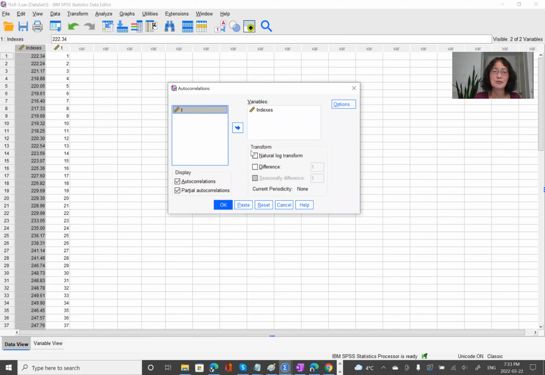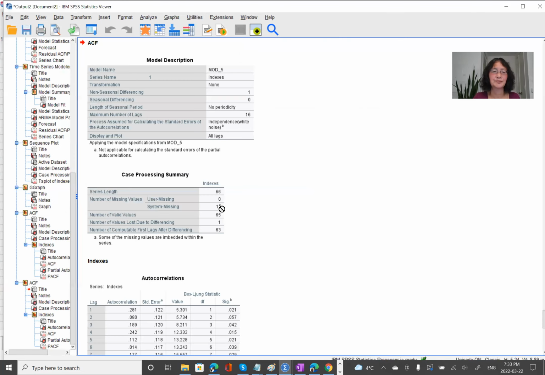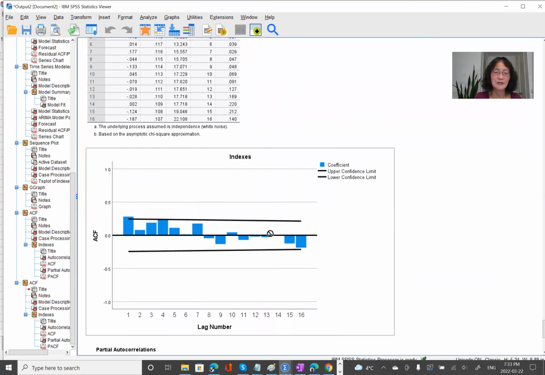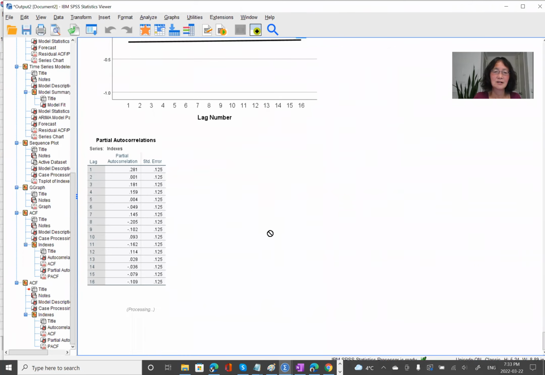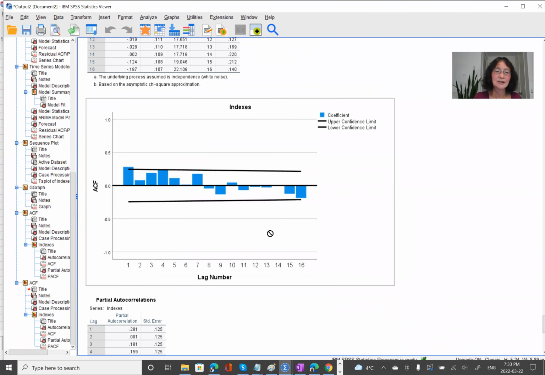This time we need the difference, so we need Yt minus Yt-1. We want the difference. And then we click OK. After you do the difference, wow, you see the autocorrelation problem disappeared. All the data remain within the lower limit and upper limit.